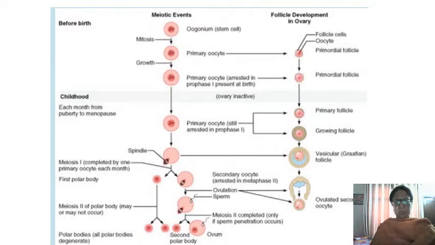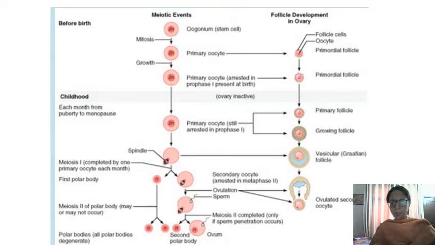This slide shows the difference between two processes, oogenesis and folliculogenesis. I told you last year also that folliculogenesis is basically a sub part of oogenesis. If you see here, in follicle development in the ovary, we have primordial follicle, primary follicle and primary oocyte.